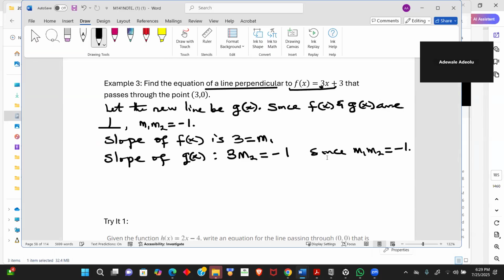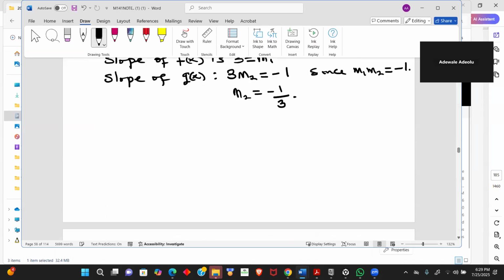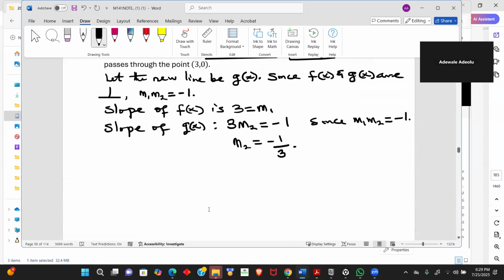That is the rule, right? Okay, so now we can find the slope. That is m2 equals -1/3. That is the slope of the new line, or slope of g.